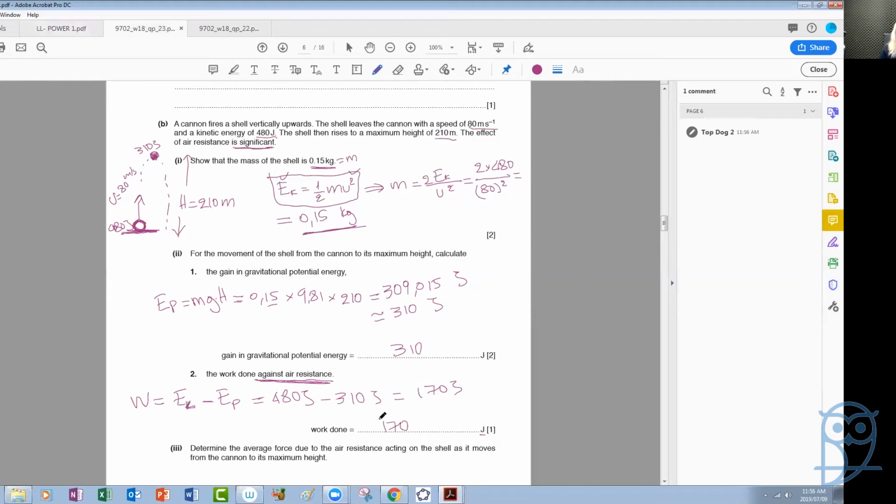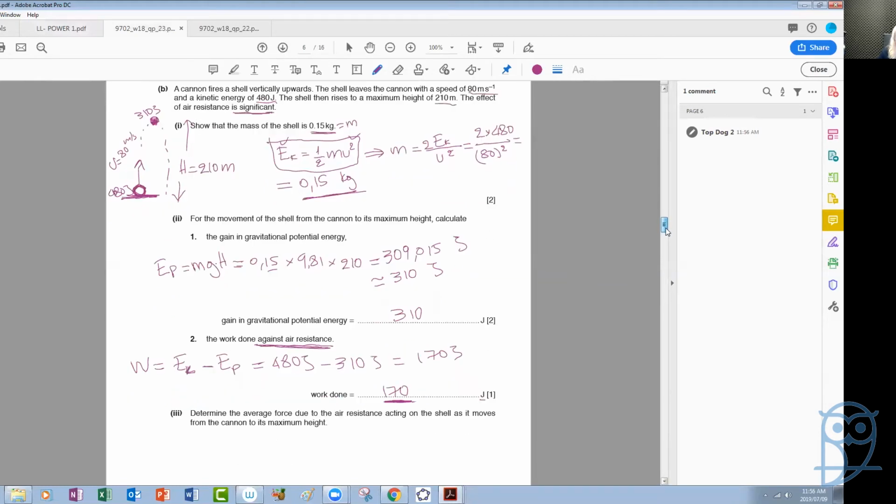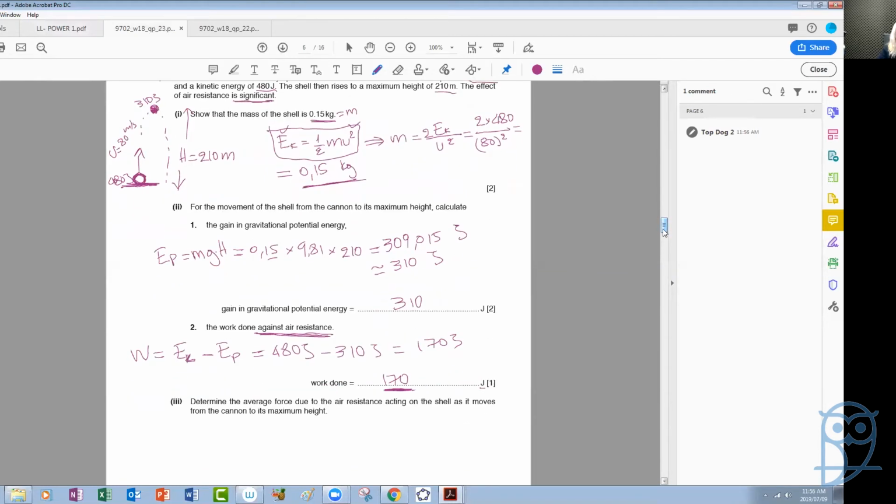It's this energy which was dissipated to the surroundings, the lost energy because of the air resistance, that was doing work to take energy away from the shell. Okay, now determine the average force due to the air resistance acting on the shell as it moves from the cannon to its maximum height.